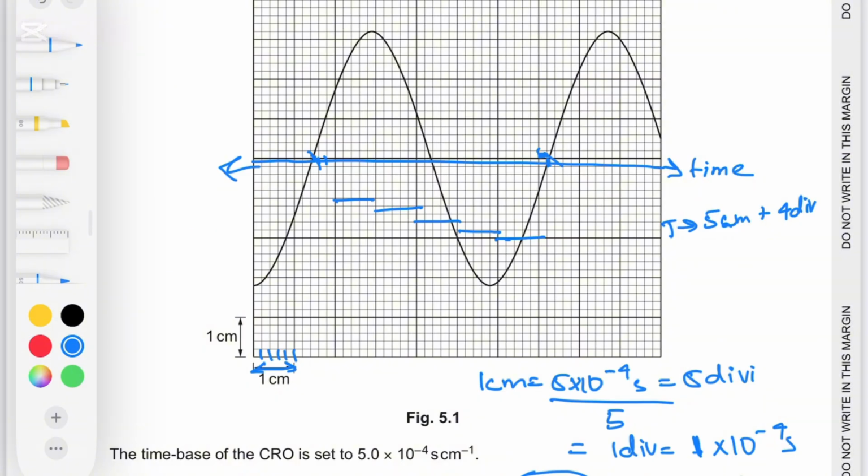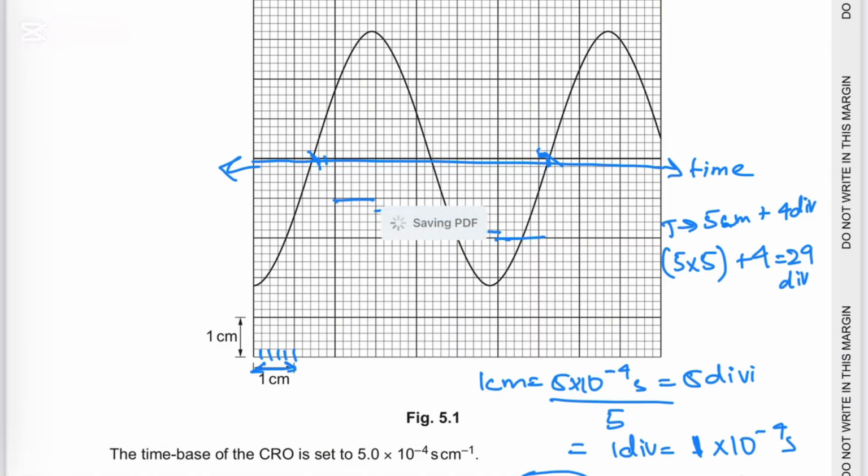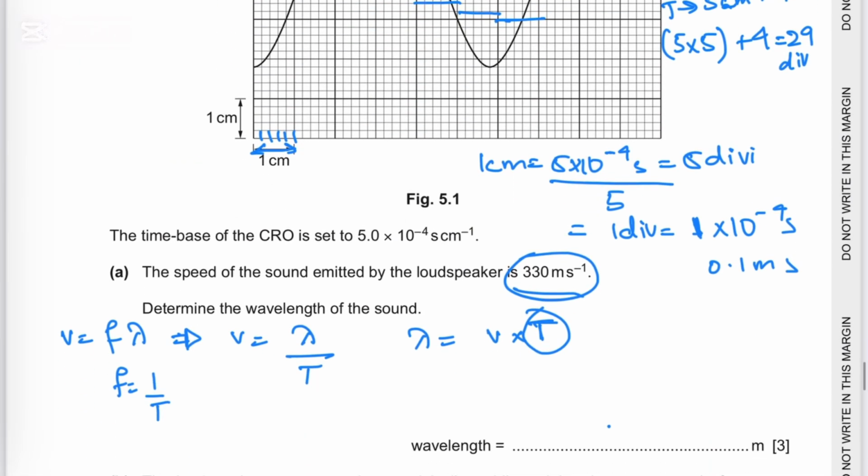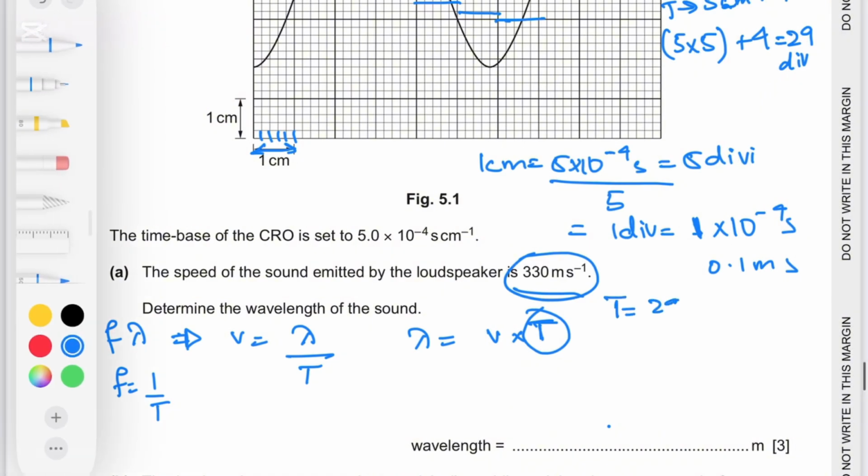Since we know that each centimeter is equal to 5 divisions, the total number of divisions in the time period is 29 divisions.